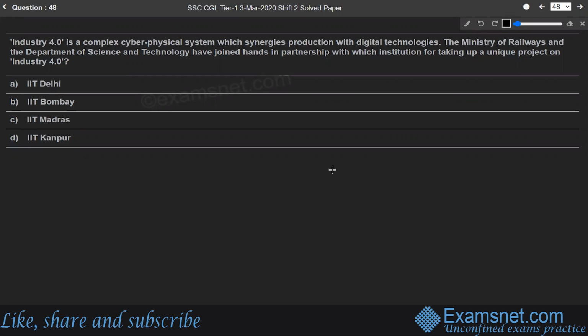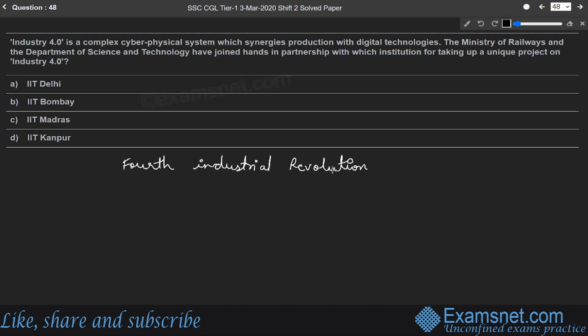Industry 4.0 is commonly known as the Fourth Industrial Revolution, and this is a name given to the current trend of automation, interconnectivity, and data exchange in various manufacturing technologies to increase their productivity.